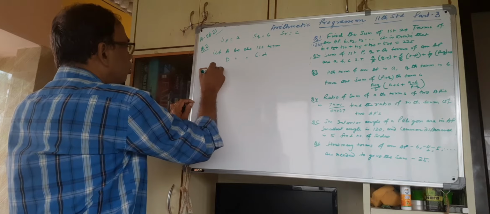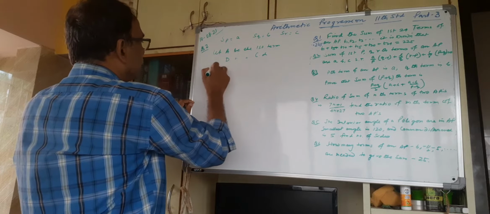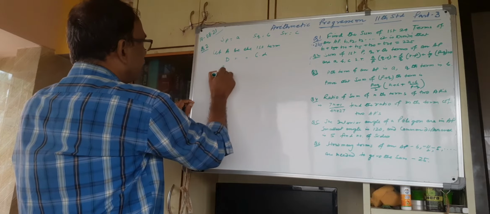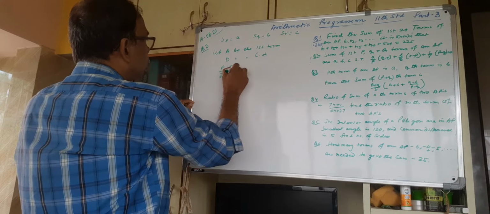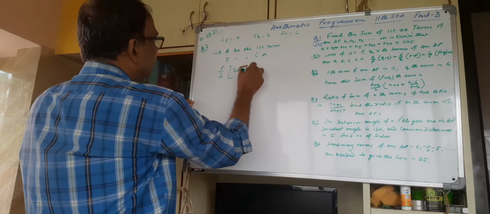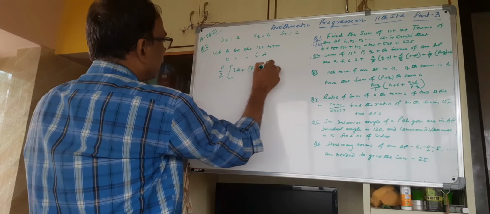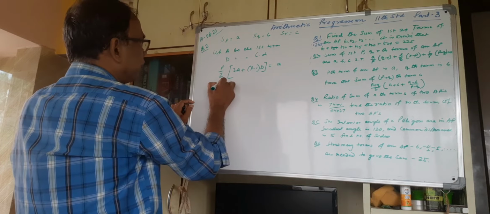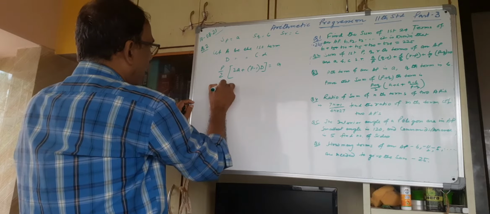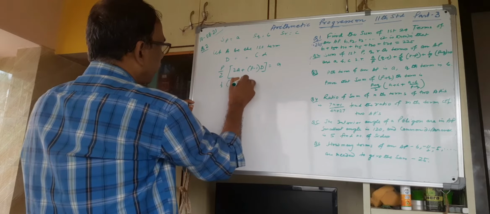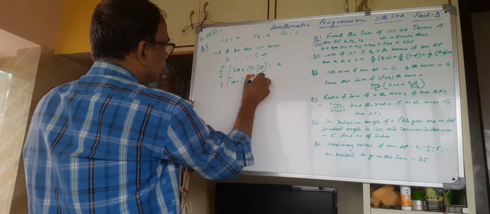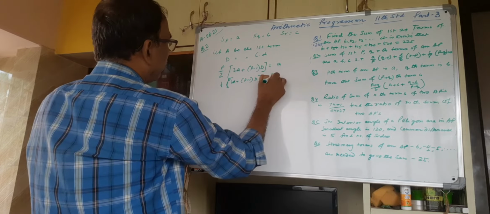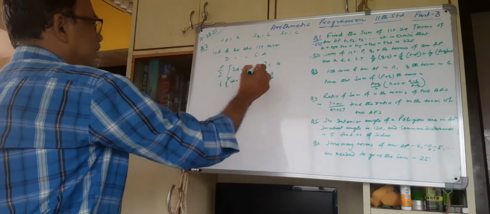Here, Sp equals p by 2 times (2A plus (p minus 1) D) equals small a. That is, half of (2A plus (p minus 1) D) equals a by p. This is 1.